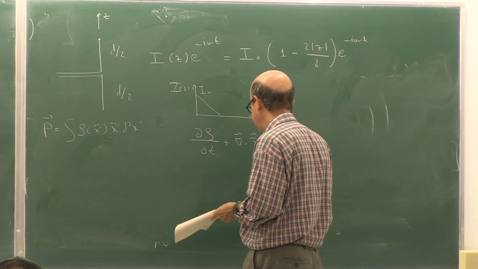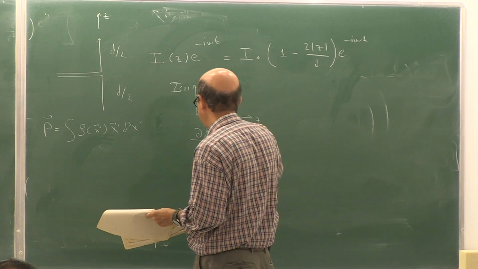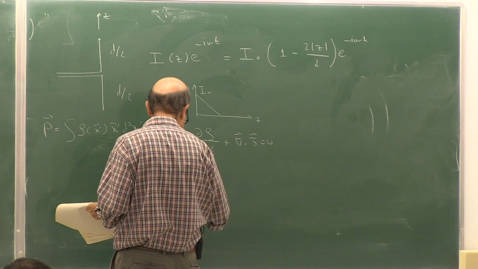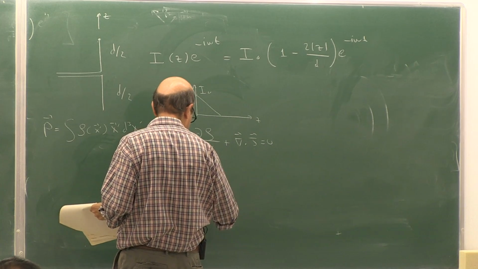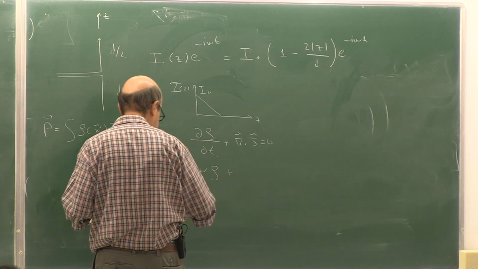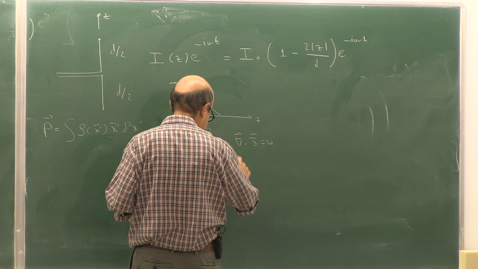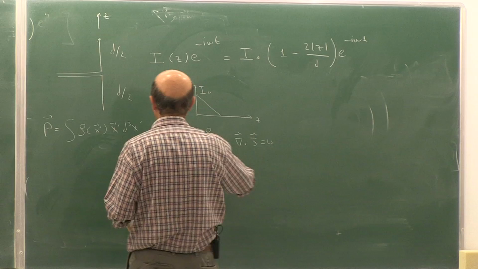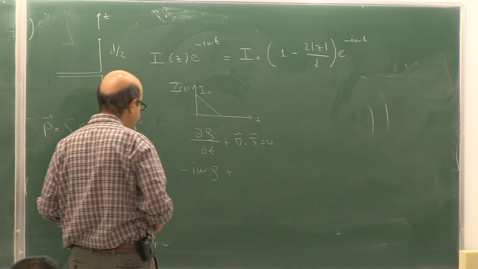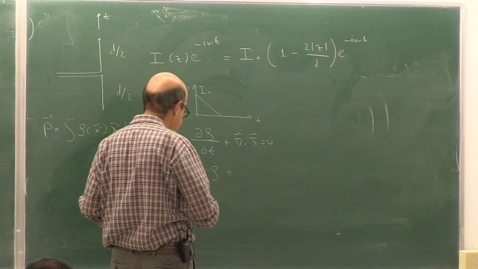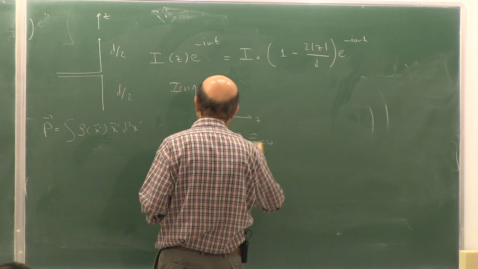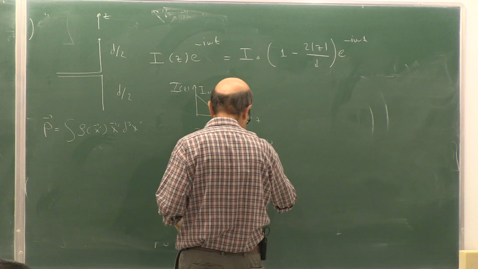Since the fields are oscillating at the same frequency, that is nothing but minus i omega rho equals minus divergence of J. So J, our current density, is along the z direction, therefore this is equivalent to the derivative with respect to z of this function.